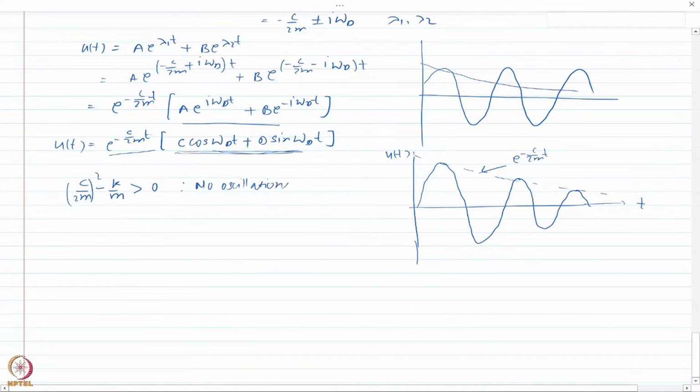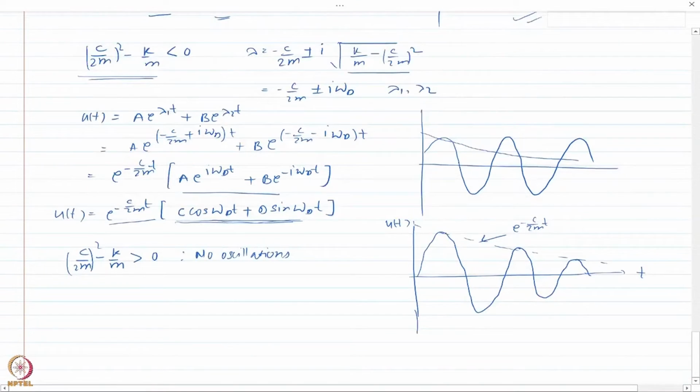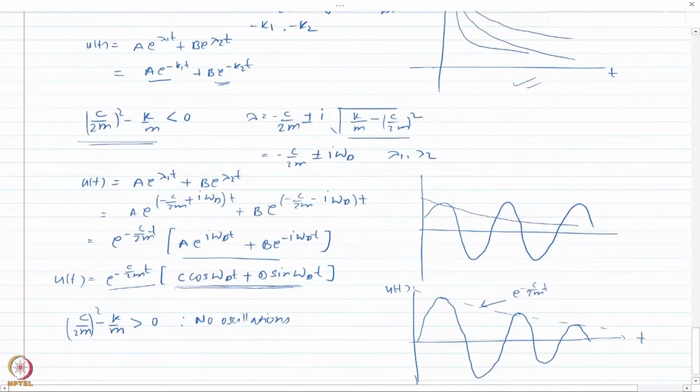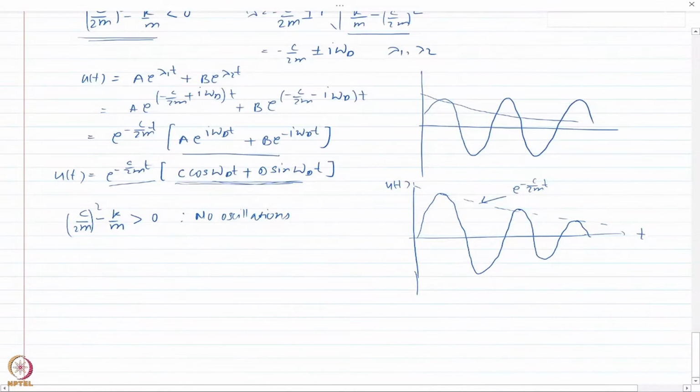If you give an initial displacement or initial condition, it would simply come back to its original position after a certain time. However, if this is smaller than 0, then I get oscillatory motion.